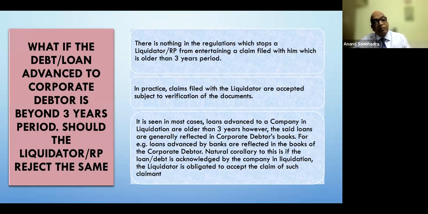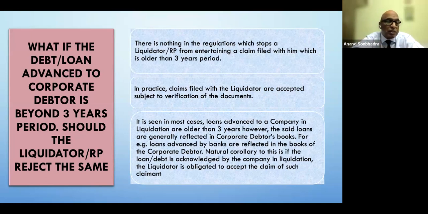So the claims, even if they're older, may be given in 2011 and CRP started in 2020. However, if the balance sheet which has been given to you, whichever is the earliest or latest audited balance sheet that has been shared, shows that this particular loan is still being shown as a liability, in part or in full, then it's an admission of debt.